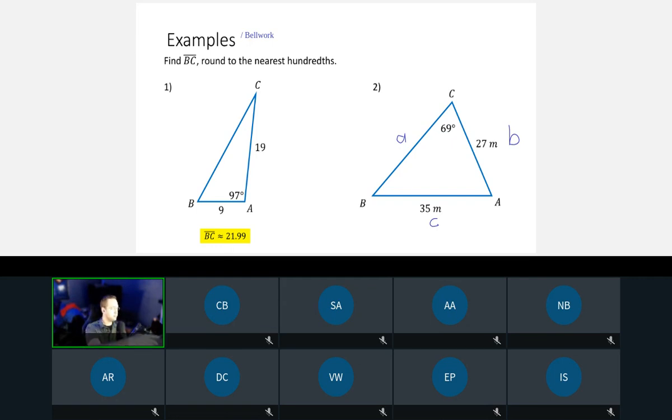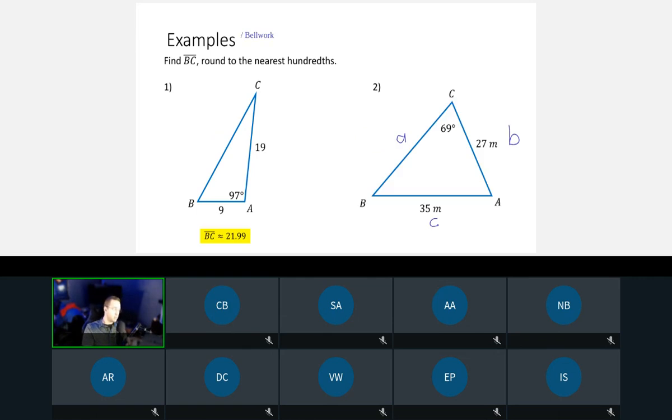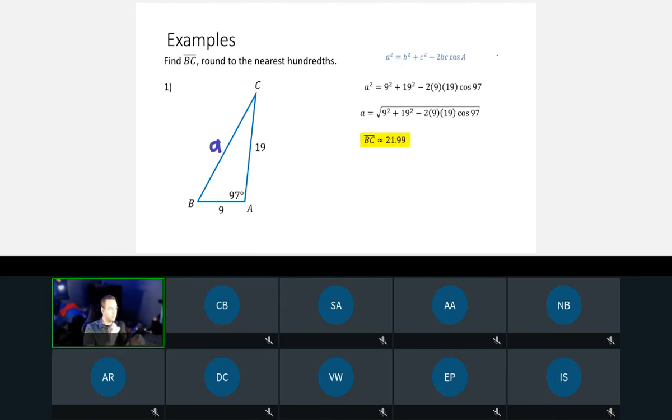number 1, right? So let me go to number 1. Well, I'm sorry. That number one, we did law of cosines. Yeah, this is law of cosines for number one. Number two, it could be law of sines. It could be law of cosines. It's up to us to figure out which one to use. So, with number one, if you tried law of sines, you would run into big problems.